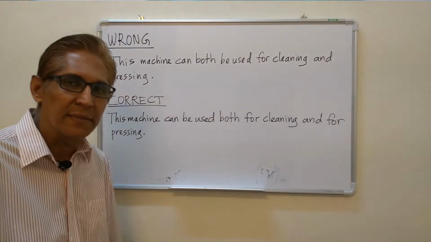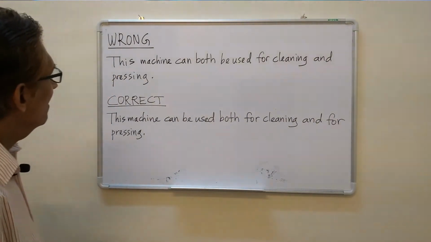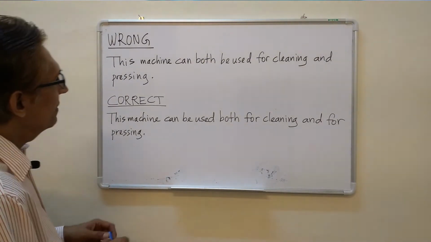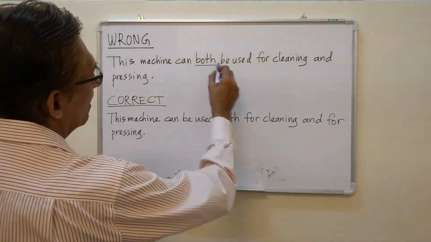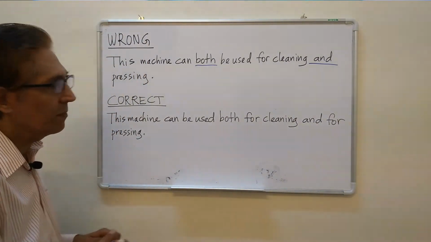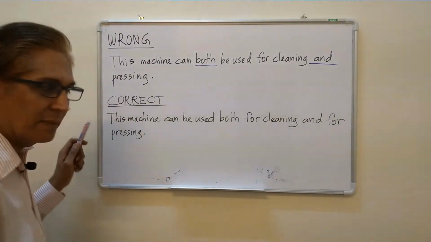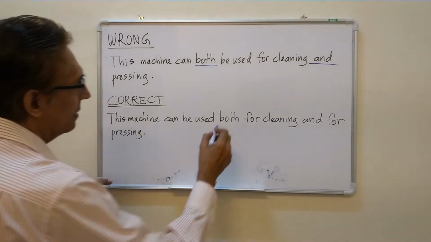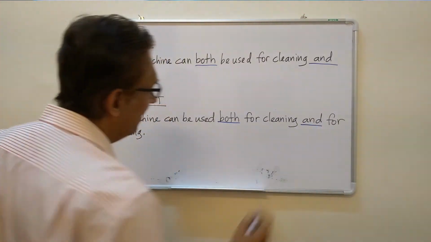Look at this sentence. The first one, which is wrong: This machine can both be used for cleaning and pressing. First, we underline the correlatives. The correlatives are both and. As you can see, there is no balance. So this sentence can be written in a better way: This machine can be used both for cleaning and for pressing.